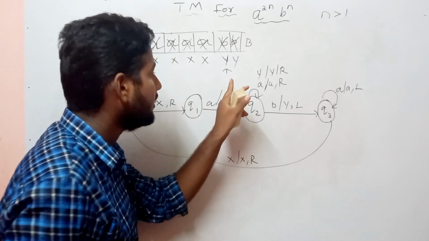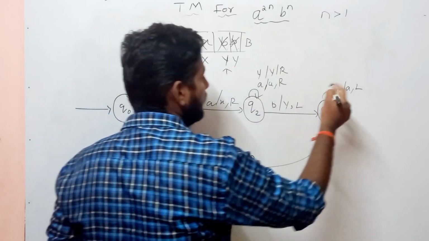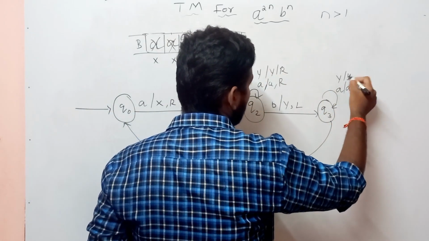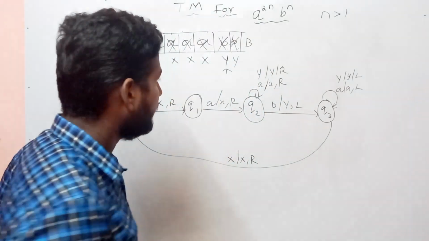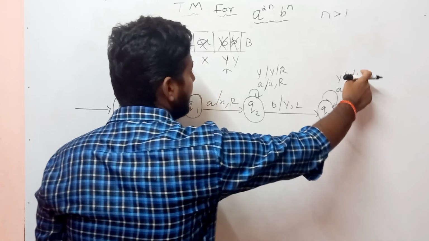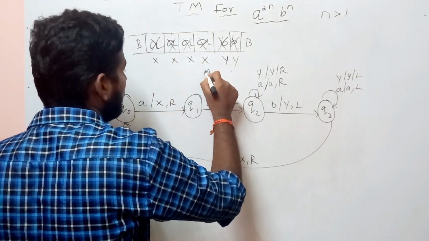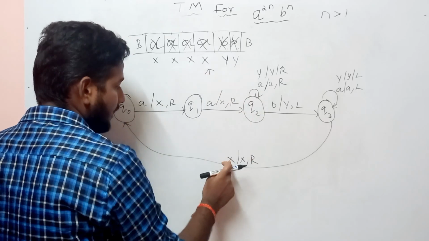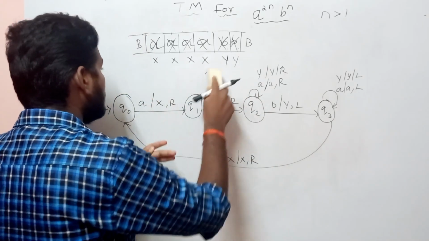Now the pointer moves until it reaches x. We ignore this y as y and the direction is left. Whenever it comes back leftward, this y is ignored, replaced as y, and the direction moves to the left. Now the pointer is here. Whenever we reach x, x remains x and the direction changes towards the right.